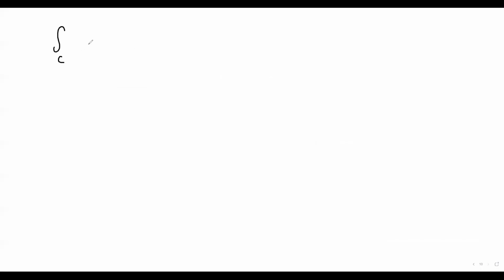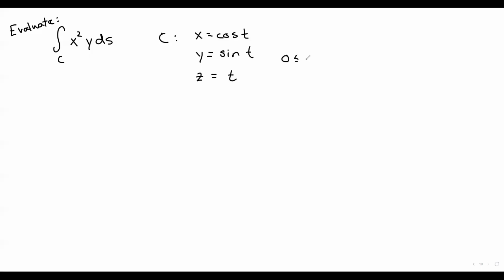So suppose you're asked to go through and evaluate. Oh, hold on, I actually need to finish writing it down. You have x equals cosine t, y equals sine t, and z equals t, and t is defined from 0 to pi over 2.